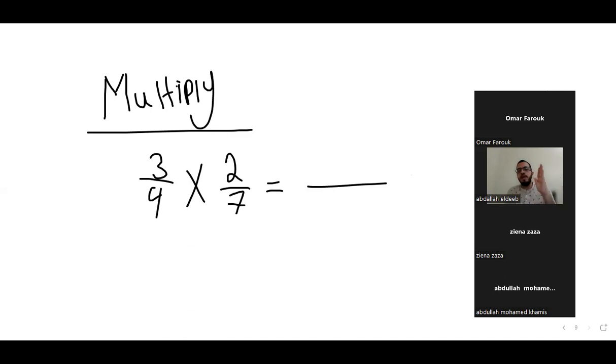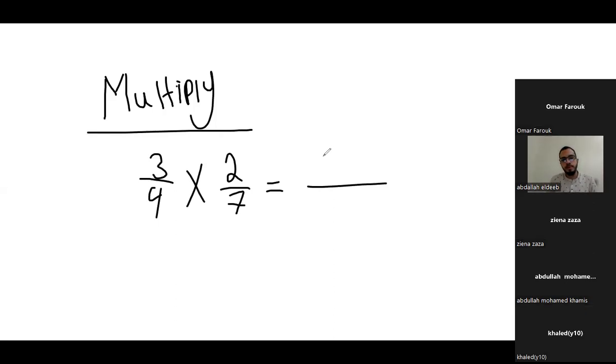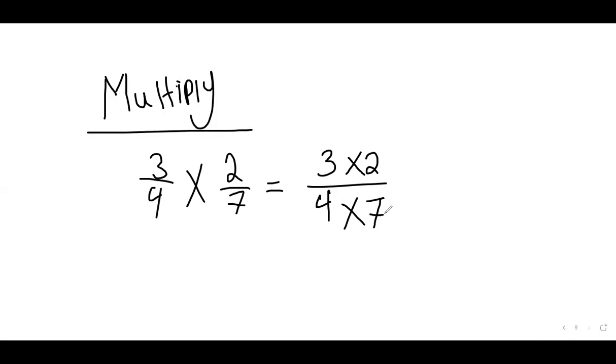Just multiply the numerators and multiply the denominators. So it will be 3 times 2 over 4 times 7. 3 times 2 is 6, 4 times 7, 28, and simplified 3 over 14. Any questions here?